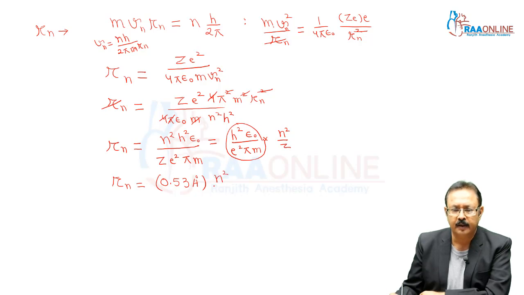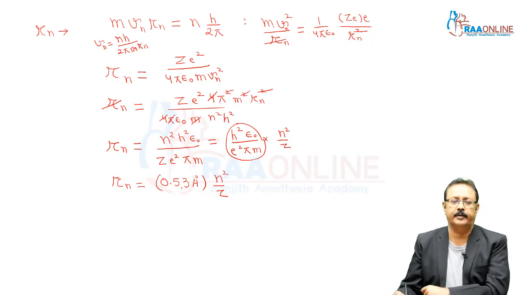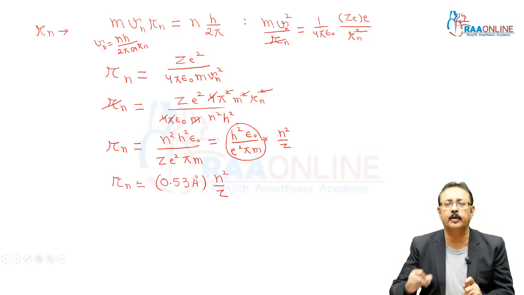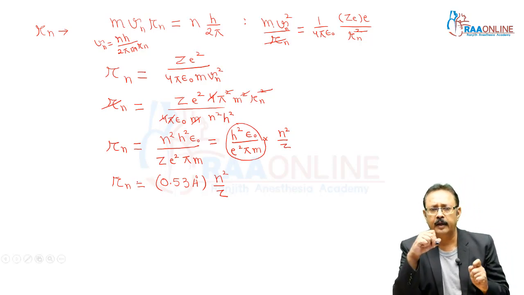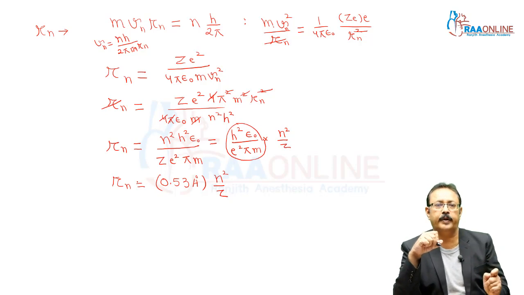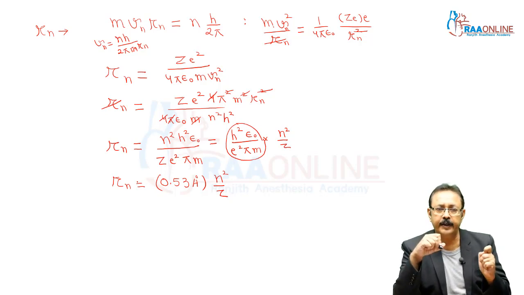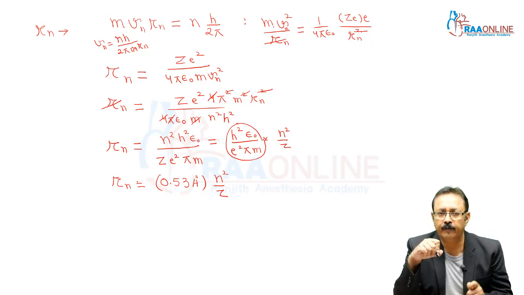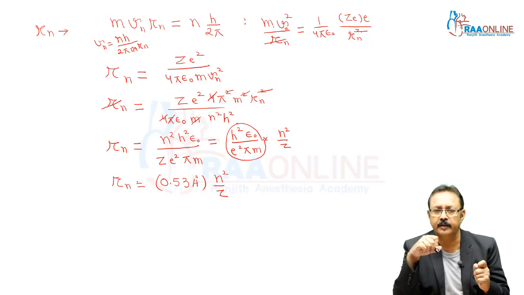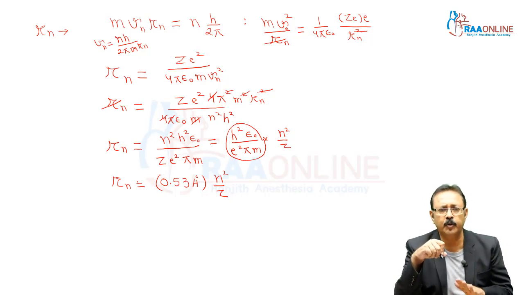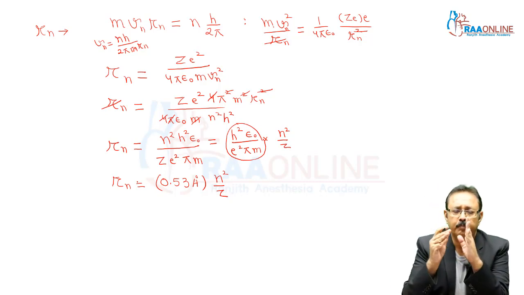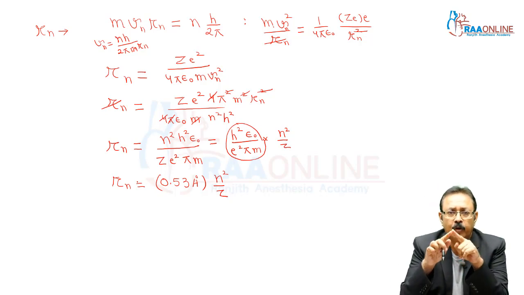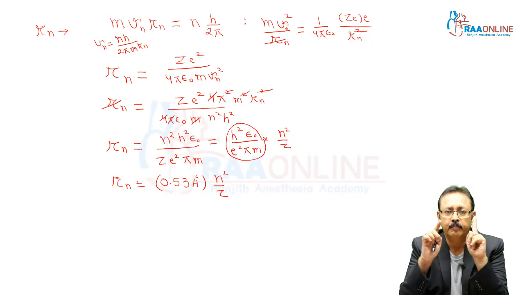Remember this. Now like Vn, you are able to calculate the radius of each orbit of each element of your periodic table. You only need to know which orbit you want to calculate, for which element. Suppose we are talking about the minimum value of Z for the whole periodic table. The minimum value of Z is 1.